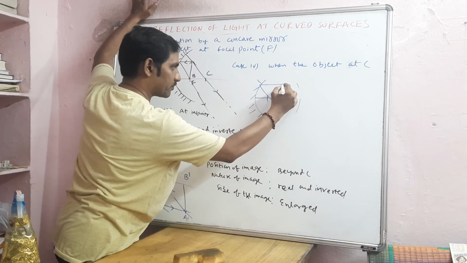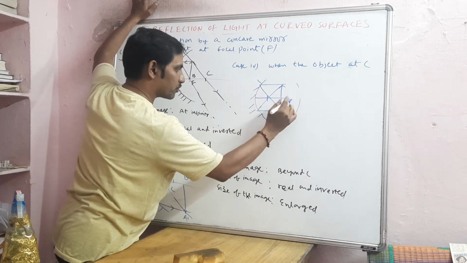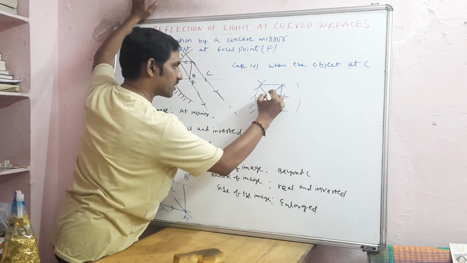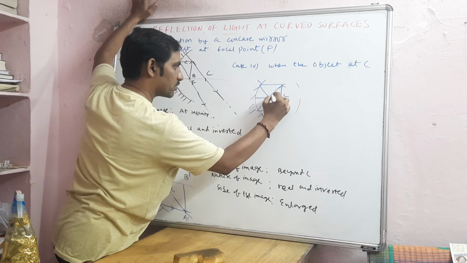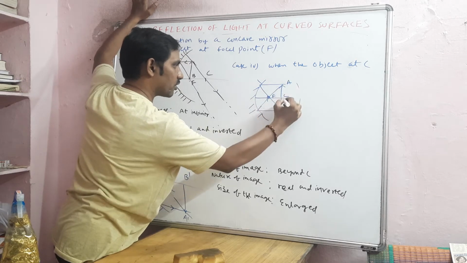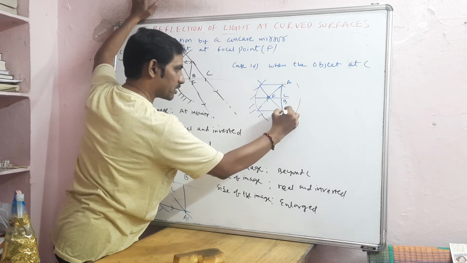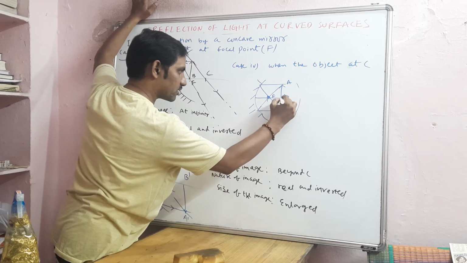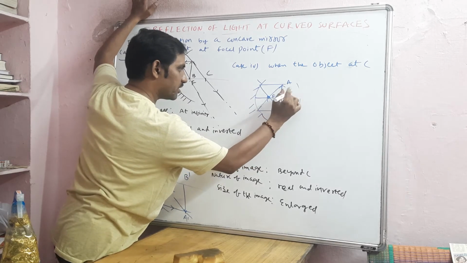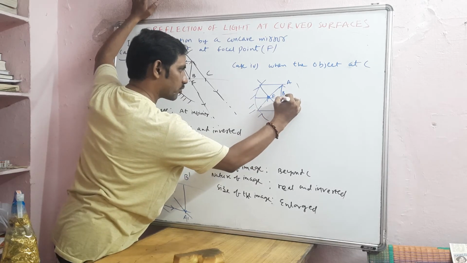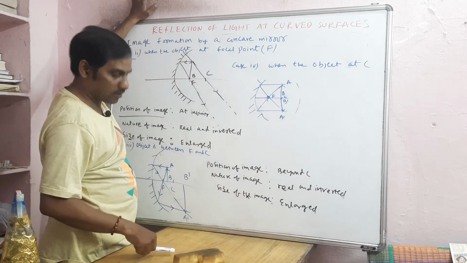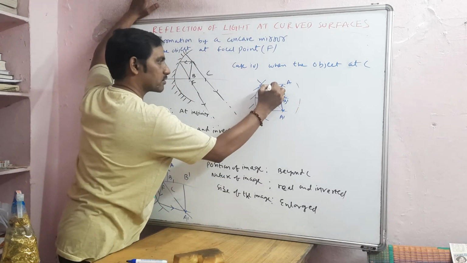So the light ray will come like this and it will meet. Here if you take this position as C and this position as F, this is AB as the object, and here A dash B dash as the image. AB is the object, and this point is C. Then you keep the arrow marks like this.